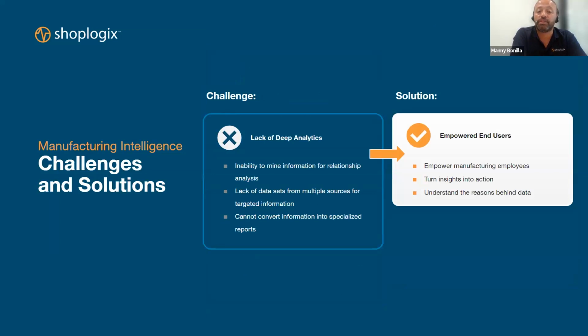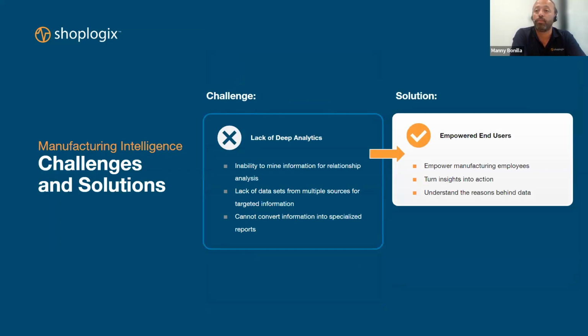The challenge is the lack of deep analytics. Again, this concept of not having access to all your data in one place, and even when the data does get brought into a BI platform, for example, the challenge still becomes correlation of that data across all the data sets. It's a very complicated process.